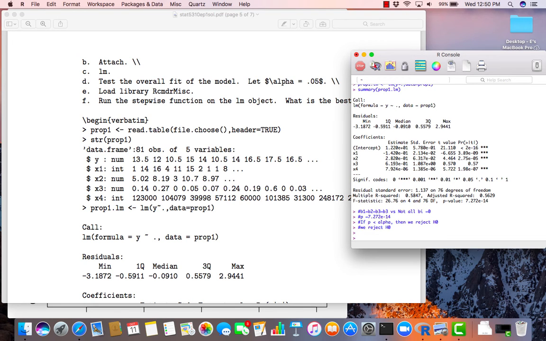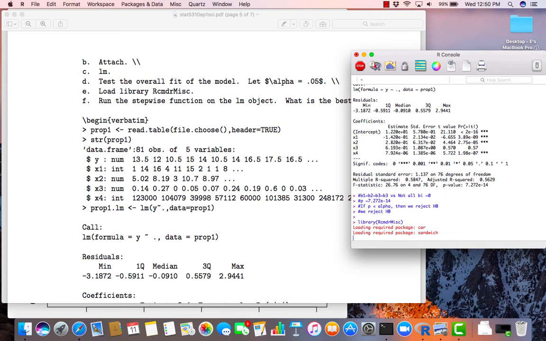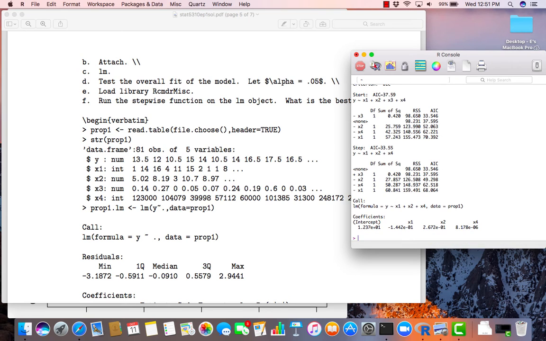Okay. Now we're going to load library Rcmdr miscellaneous, and we're going to run the stepwise function on prop1.lm.